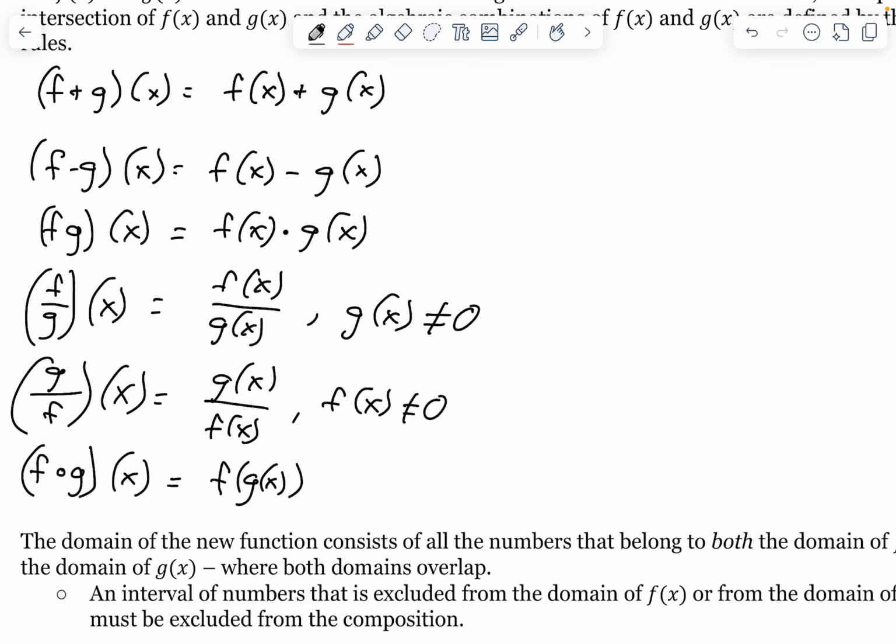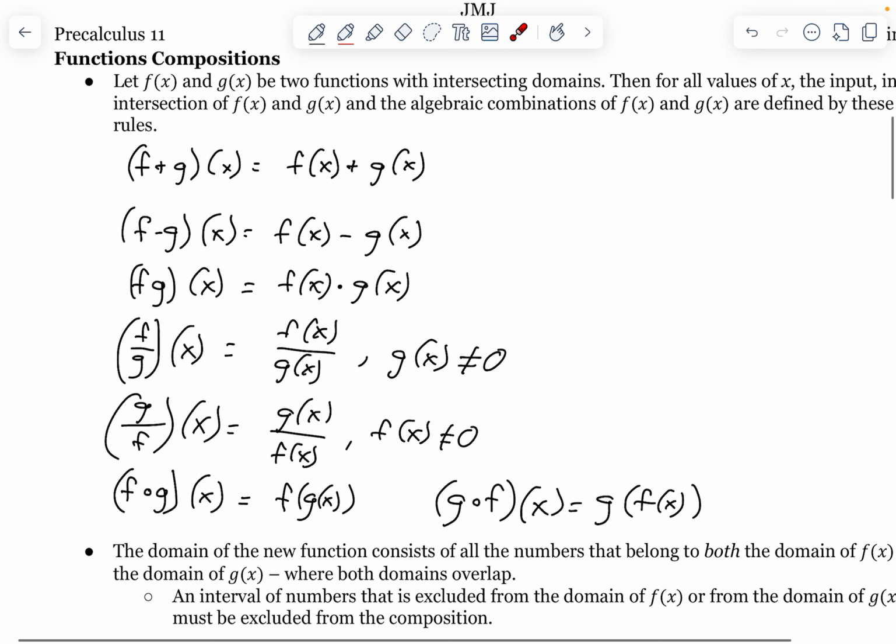Or I could have g, little open circle, of x, and this means take the g function and plug in the f function. So whatever is listed second is what's being plugged into whatever is listed first. These are the function composition things.